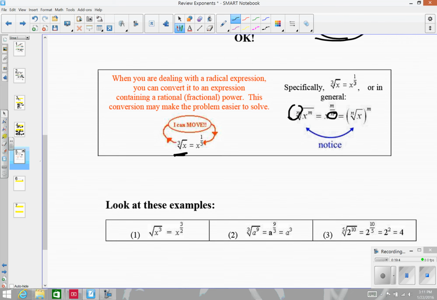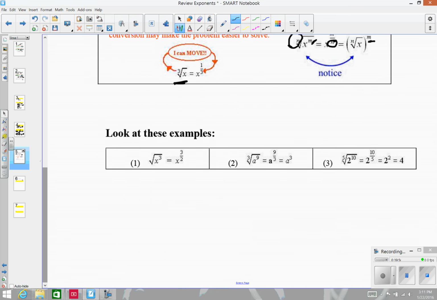Anything inside the radical or even outside becomes numerator of my exponential fraction. So quickly, just quick review looking at these examples 1 through 3. This has square index here. So I can write this as still x to the third, or 3 over 1.